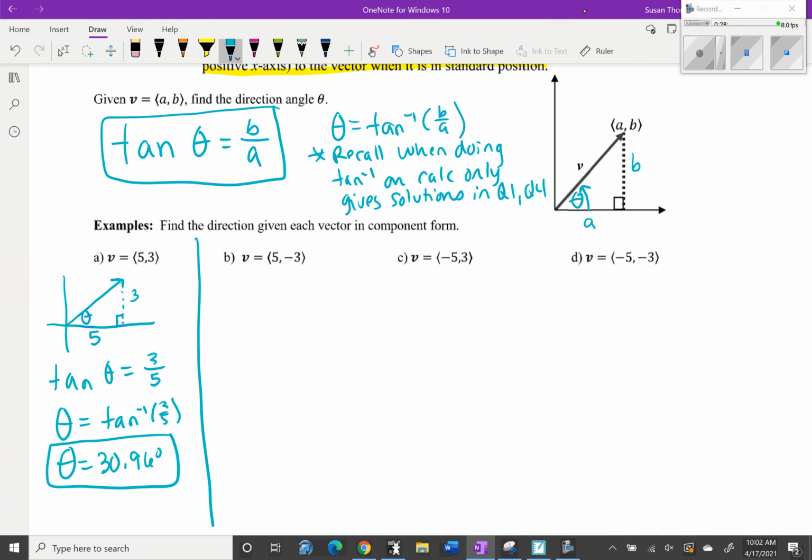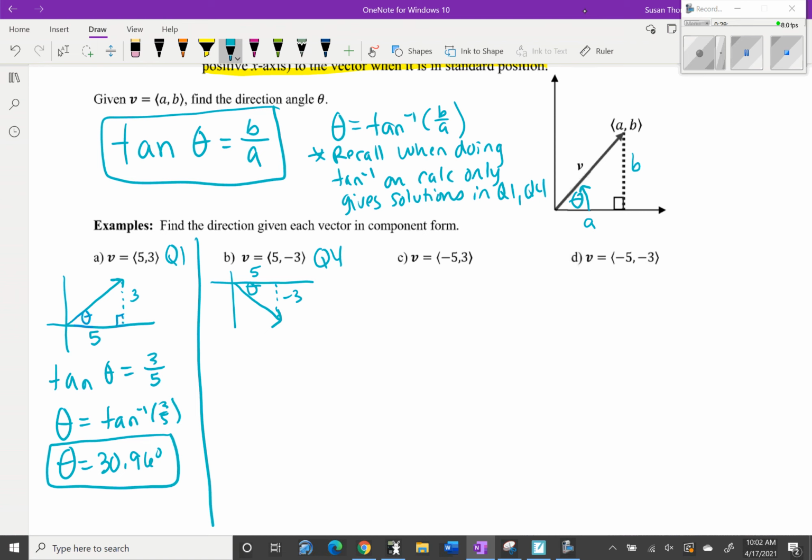Looking at the next one, we have vector v is equal to 5, -3. So this one was quadrant 1. Now notice that we're in quadrant 4. So that would be my vector. We're going over 5 and down 3.